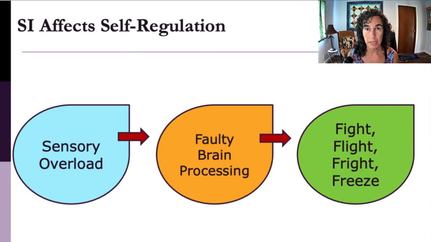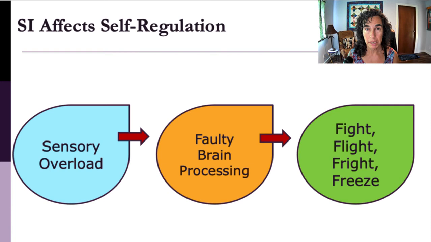Part 2, sensory affects self-regulation. So if we have sensory overload, in other words, too much coming in all at once, and this is just one example of a number of different kinds of sensory integration dysfunction that can happen, the brain doesn't process the information well, and we result in a fight, flight, fright, or freeze. We used to say it was a fight or flight response, mediated from the sympathetic nervous system, right?